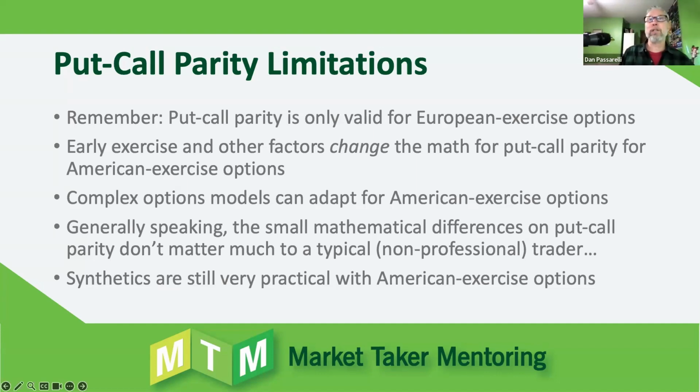Complex options models can adapt for American exercise options. So instead of just using straight put call parity, we'll use what is called an options pricing model. Generally speaking, the small mathematical differences on put call parity don't matter much to a typical non-professional or retail trader like you and me. Synthetics are still very practical with American exercise options.